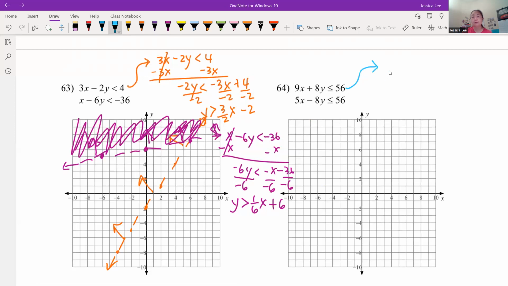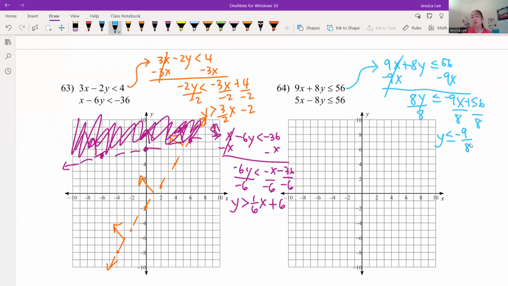9 does not go into 56 evenly, so I'm changing this to slope-intercept form. Finding intercepts doesn't occur too often, but it is useful to know how to do. 8y is less than or equal to negative 9x plus 56, divided by 8. So y, I do not need to flip it because I did not divide by a negative. Negative 9/8 x plus 7.